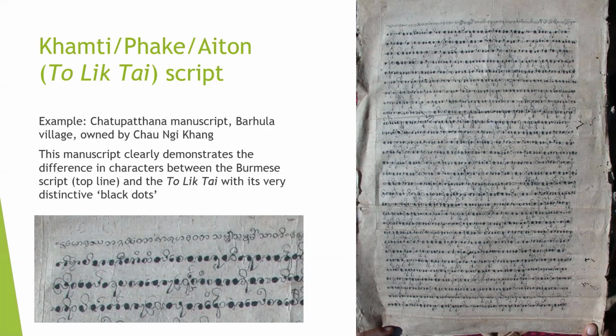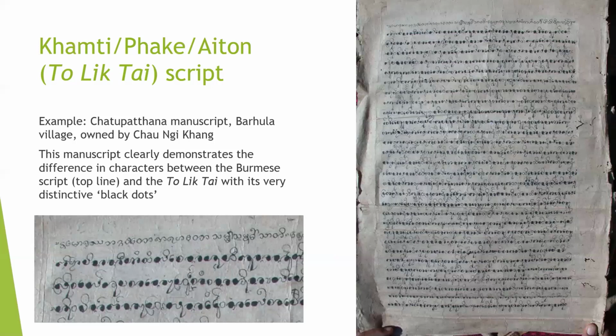And this manuscript clearly demonstrates the difference in characters between the Burmese on the top line, that's the Namo Tassa, the salutation to the Buddha and others, that goes on the top of any of these manuscripts and is shown without these large black dots.